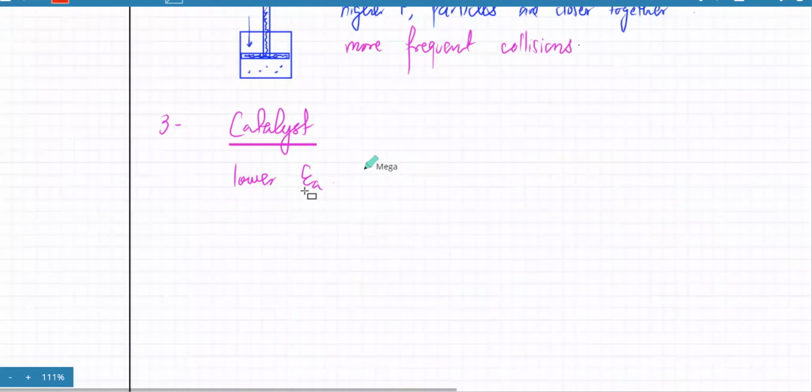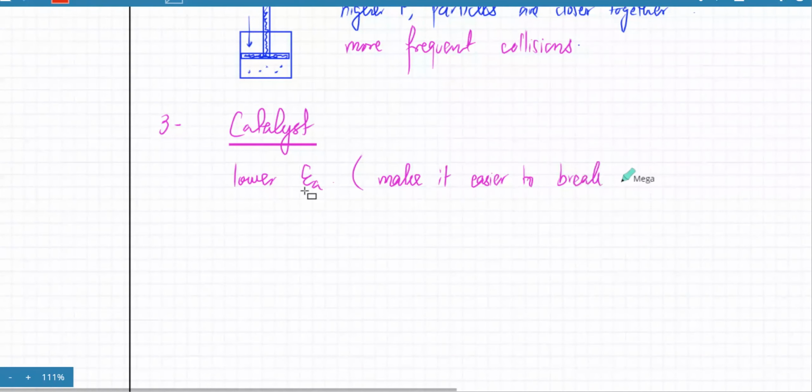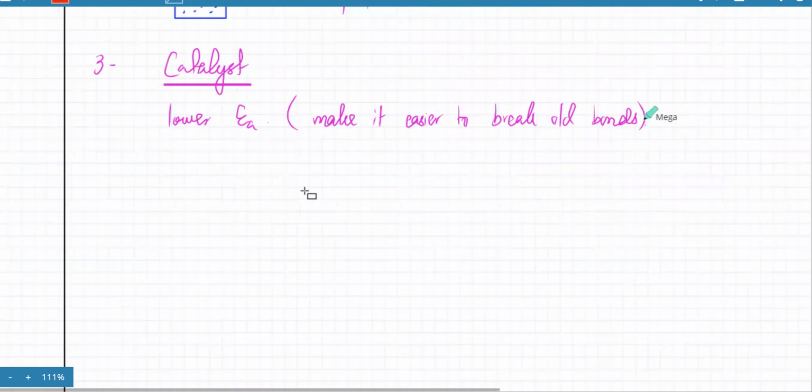So lowering activation energy means they somehow make it easier to break bonds. To break the old bonds. They kind of make it easier to break the old bonds. And there are two types of catalysts. One is a heterogeneous catalyst.